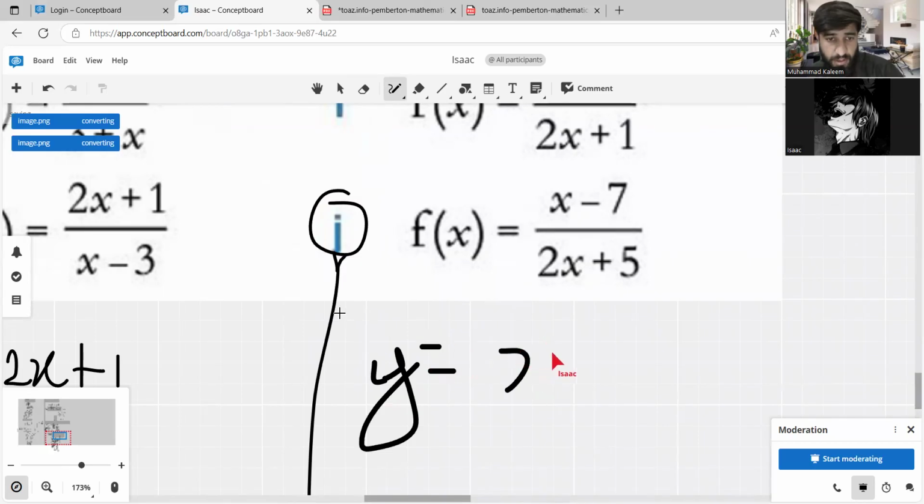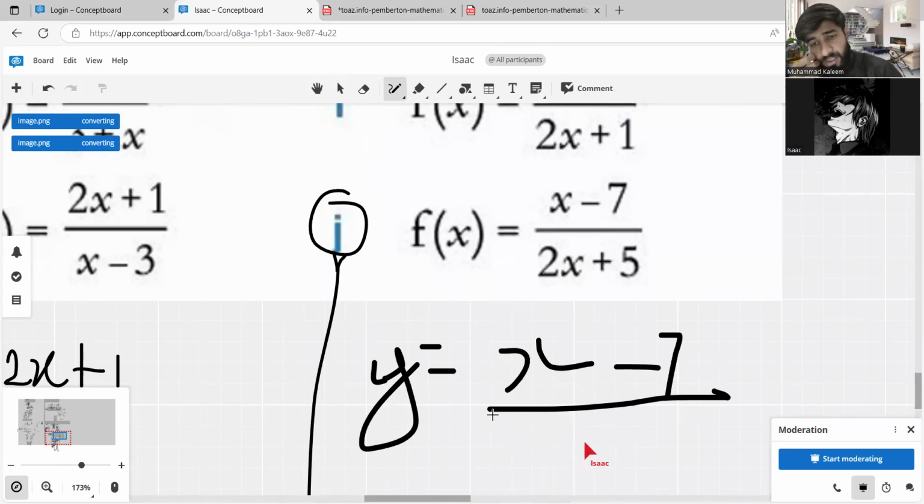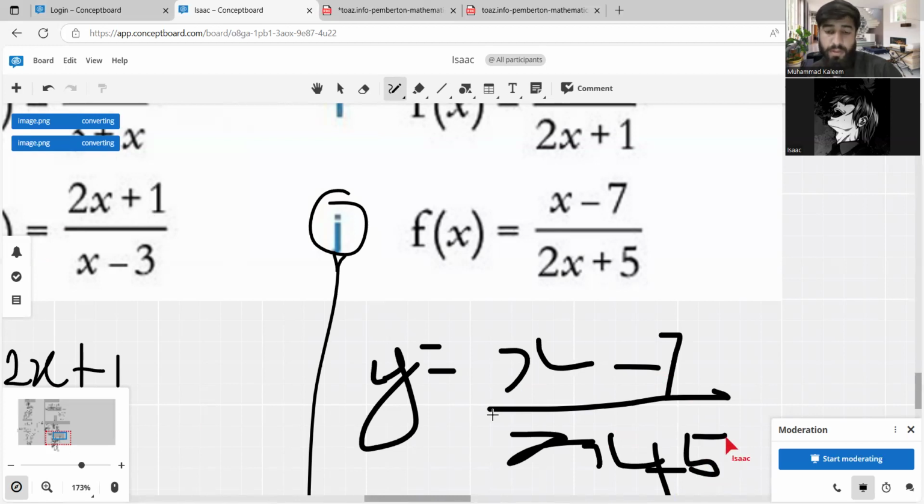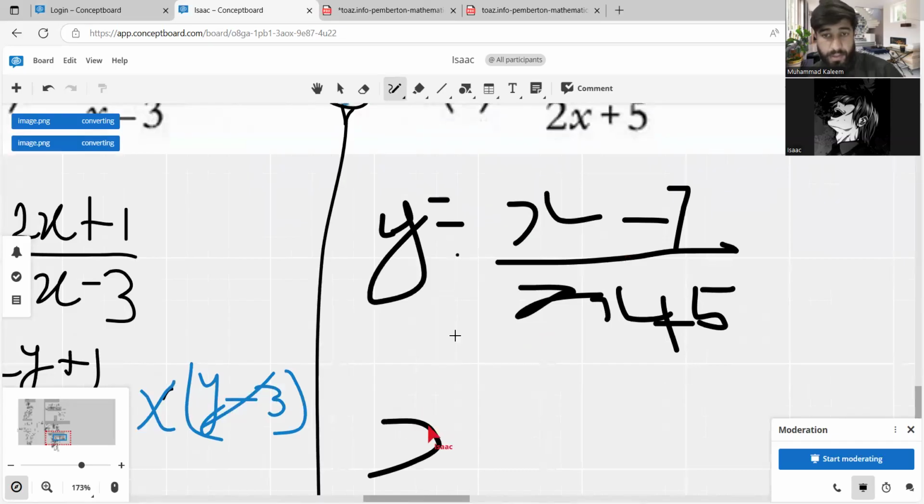No, I haven't seen these questions. But you told me you did inverse of a function. Yeah, but we didn't do the questions from our book. Oh, okay. You understand the concept, that's cool. Yeah, a little bit. Okay.